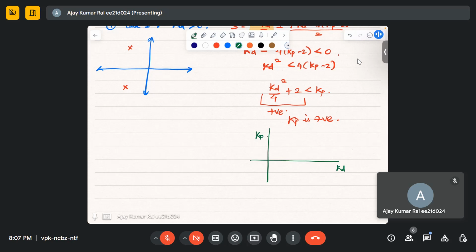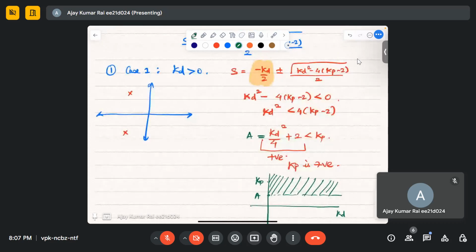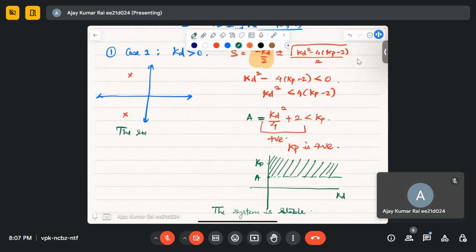Let's suppose Kp is greater than some value A. If the Kp and Kd values are in this region, you can say the system is stable, because the poles are lying in the left hand side of the complex plane with imaginary parts.